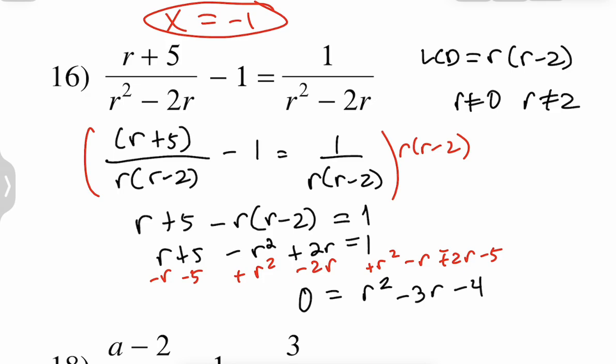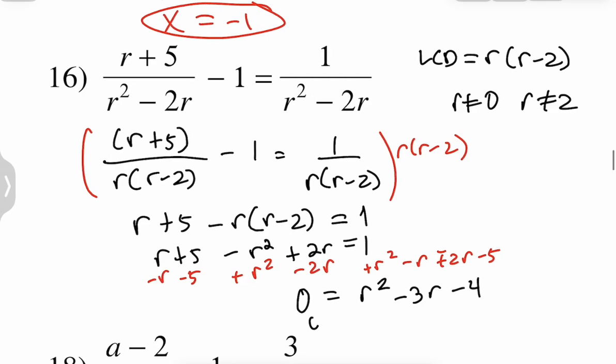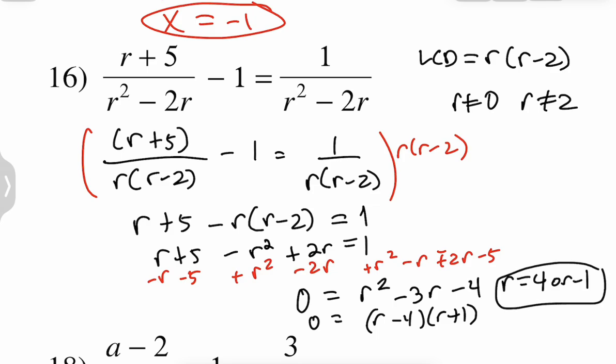It's factorable. Like, oh, please let it be factorable. Anyway, you can at this point solve it with the quadratic formula. Remember, if factoring is not your friend, feel free to use the quadratic formula. That factors to be r minus 4 and r plus 1. So we get values of positive 4 or negative 1. Both of those are not on my excluded value list.